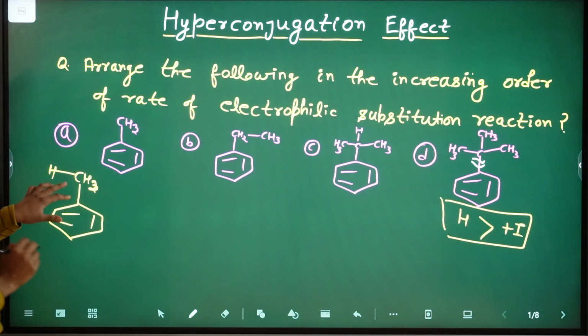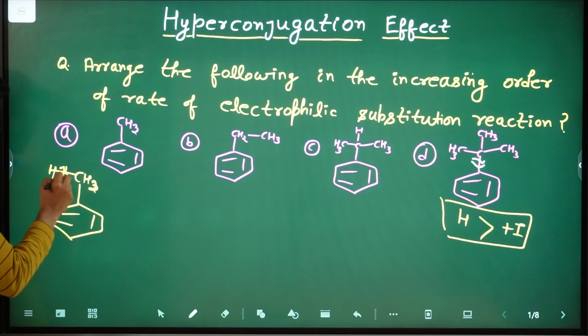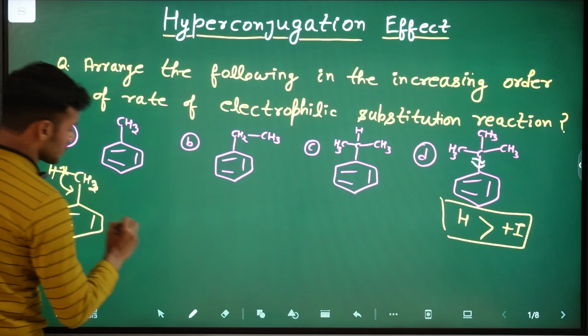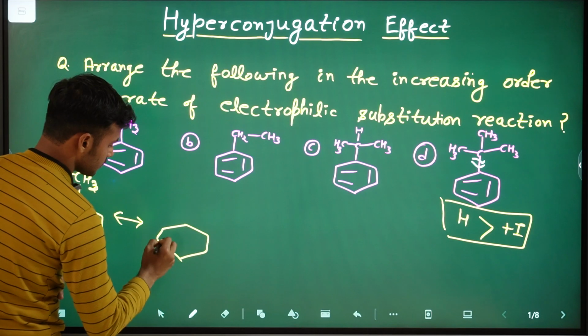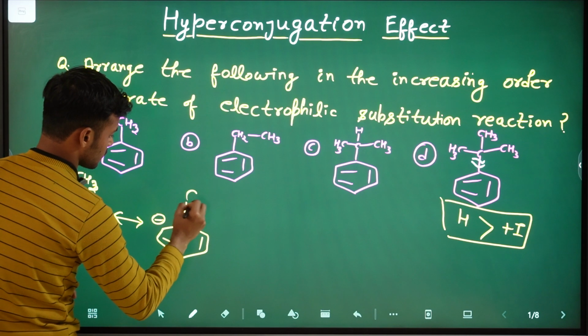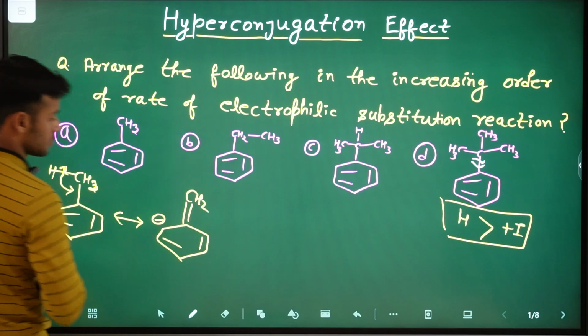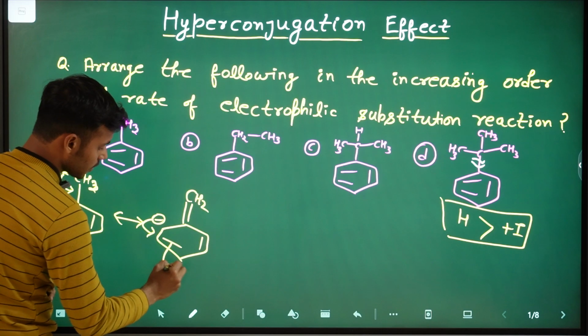So here also the hyperconjugation effect is valid. So the new hyperconjugative structure is like this. And this charge will delocalize with para position.